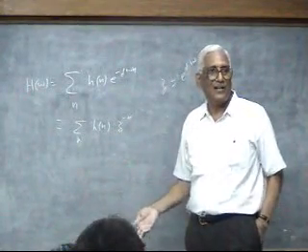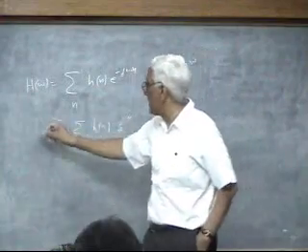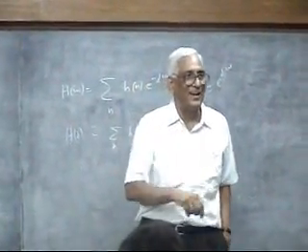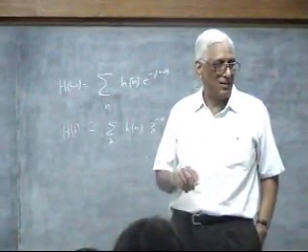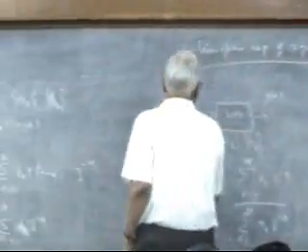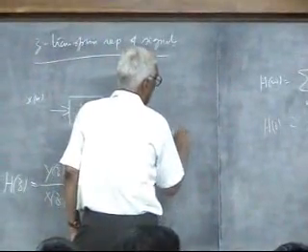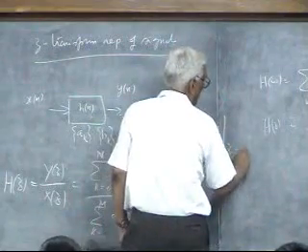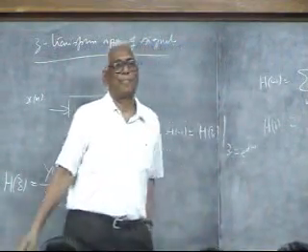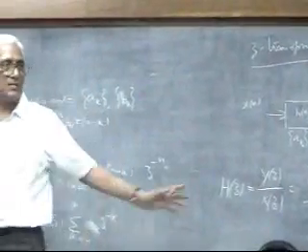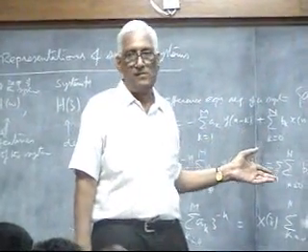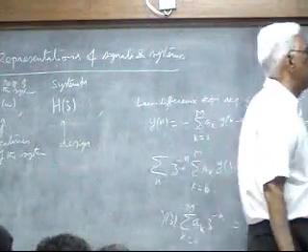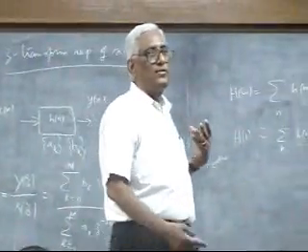Conversely, if I substitute in H(z), z equal to e to the power of j omega, I will get my H(omega). So, that is what you have to do. You substitute, and H(omega) will be obtained. All of you understanding what I am saying? H(omega) is simply obtained by substituting this.